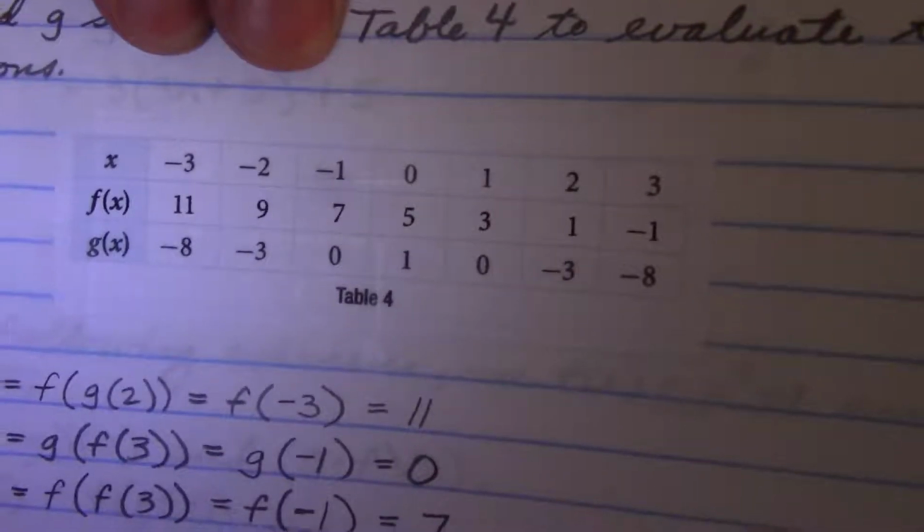Okay, number 67, we have another set of directions here. For the following exercises, use the function values for f and g shown in Table 4 to evaluate the expression. So this is similar to the last one we did. Alright, we have a new table this time, Table 4.